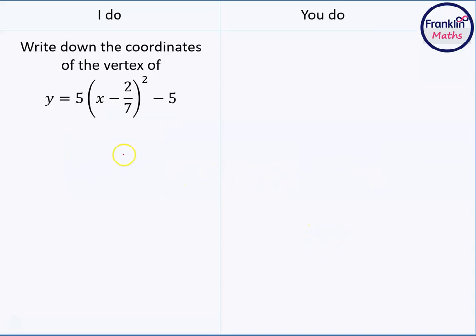Okay, same again. What do you think is going to happen? Let's test your prediction. So as expected, don't need to worry about the 5. We'll talk about that later. It's just the opposite and the same sign for the y value there.